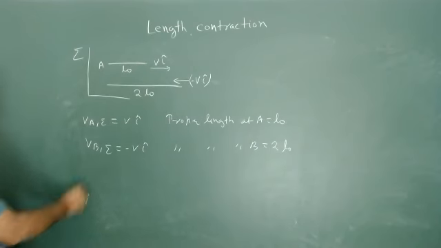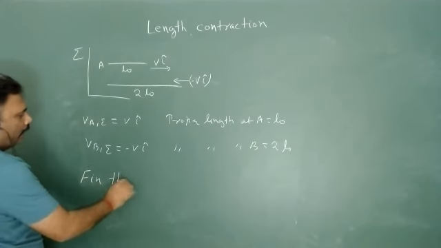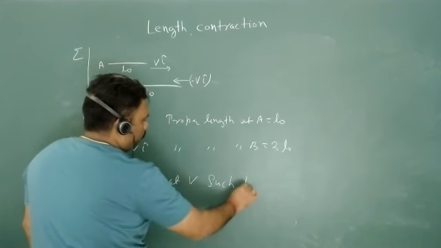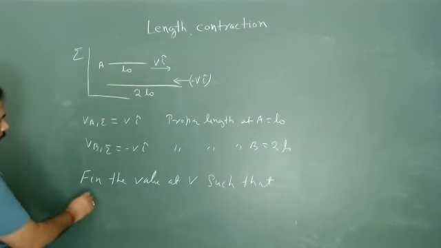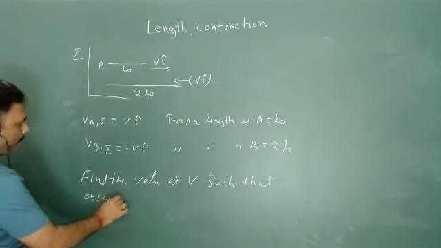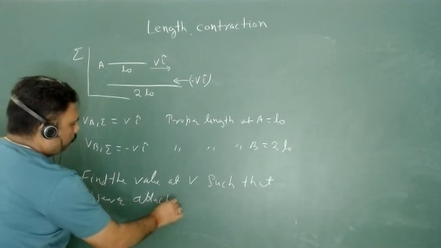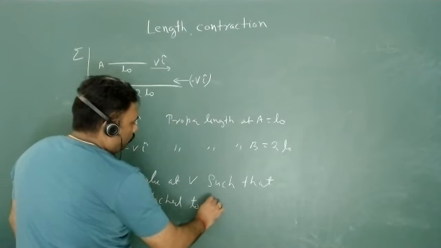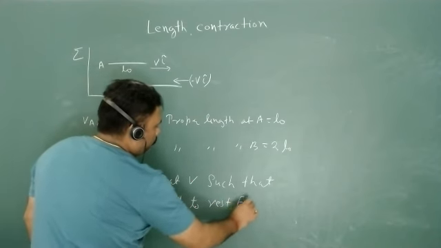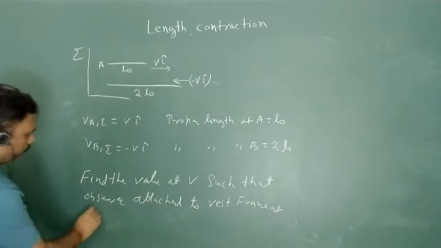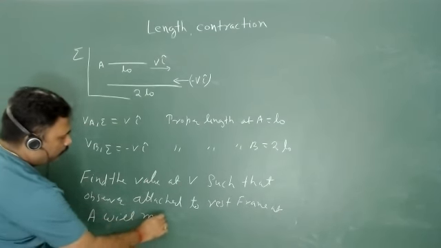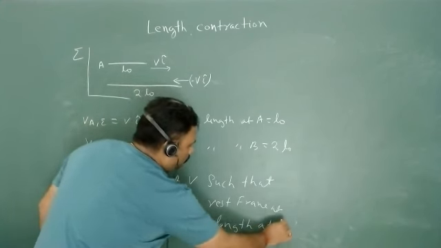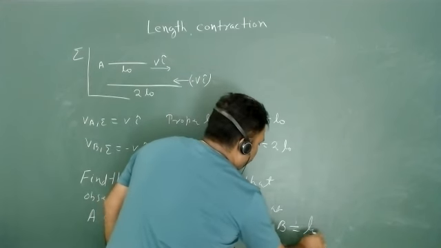Now the question is, find the value of v such that an observer attached to the rest frame of A will measure the length of B equal to L naught.